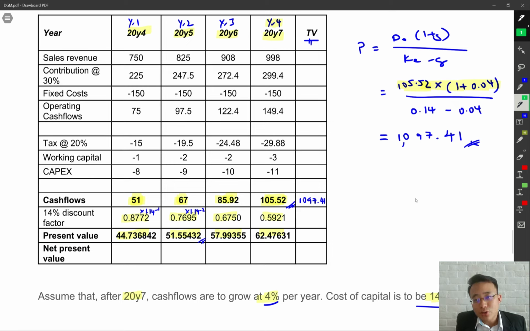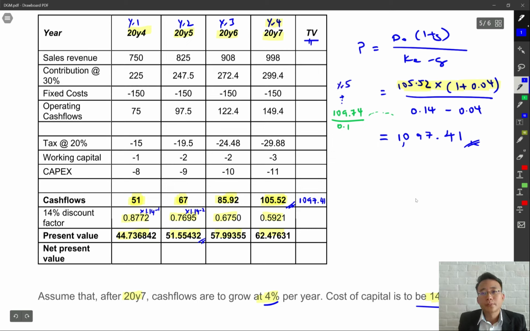Isn't it 105.52 times a growth of 4%, so 109.74 divided by 0.1? People, this cash flow here is in year 5. Because the earlier one, 105.52, was year 4, you are growing it by one period.